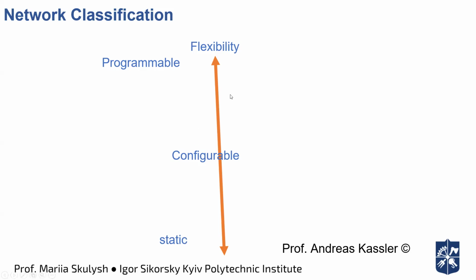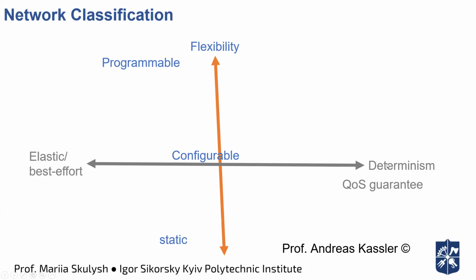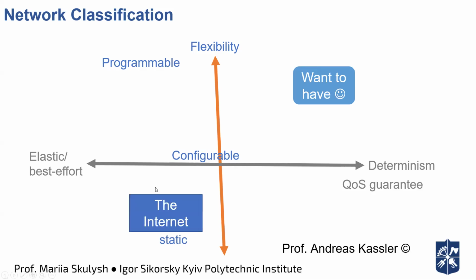Static and flexible on one side, deterministic and elastic, best effort on the other. We actually want the ideal network system, flexible and understandable, with QoS guarantee, all the best. From the other side, the internet is static and elastic with best effort.